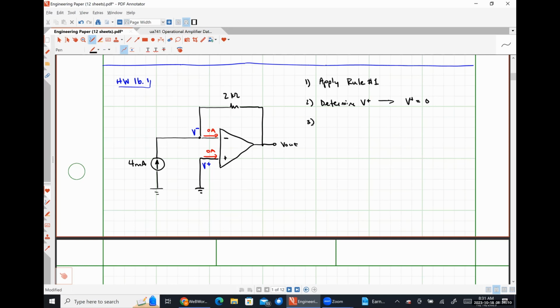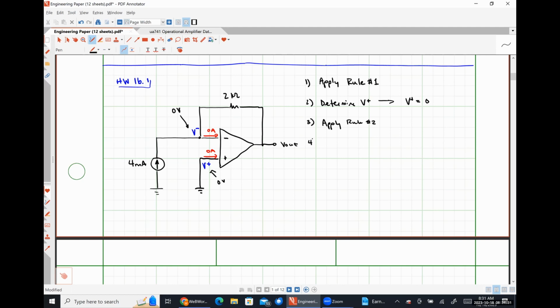Step 3 is to apply rule number 2. So if this voltage is 0 volts, this voltage must also be 0 volts.